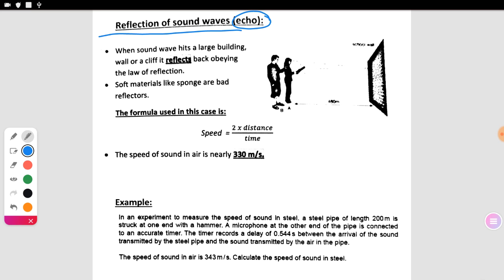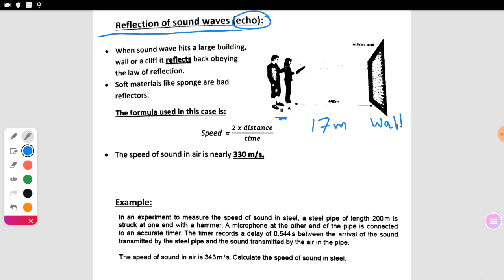There are necessary conditions to produce an echo. Number one, the distance between the wall and the source of sound must be at least 17 meters.